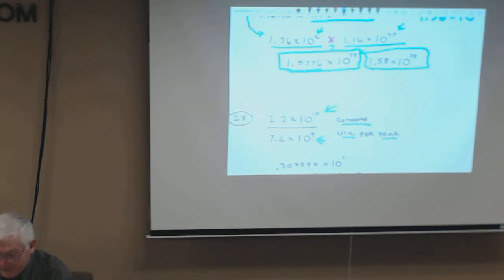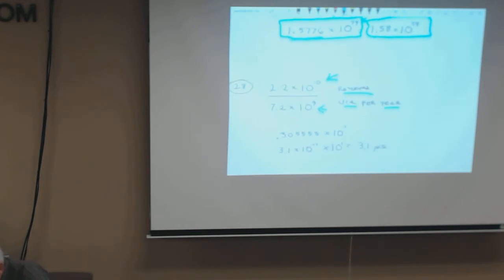So what am I going to do with these 2 numbers in problem 28? If I want to know how many years, if I use 7.2 times 10 to the 9th every year, and the reserves are only 2.2 times 10 to the 10th, you see how I would divide what we use into the reserve? And what do you come up with? Say, well, I don't know.